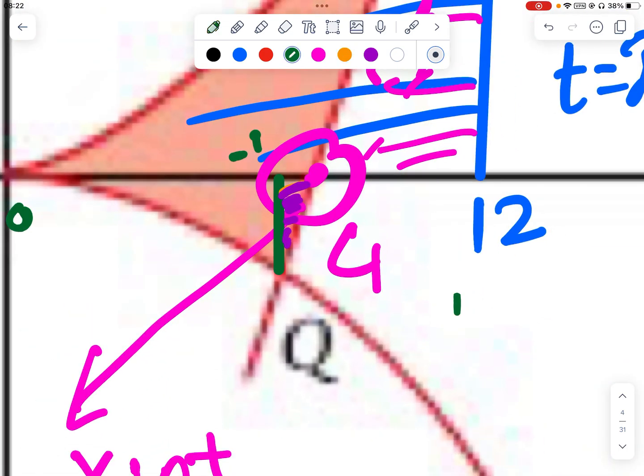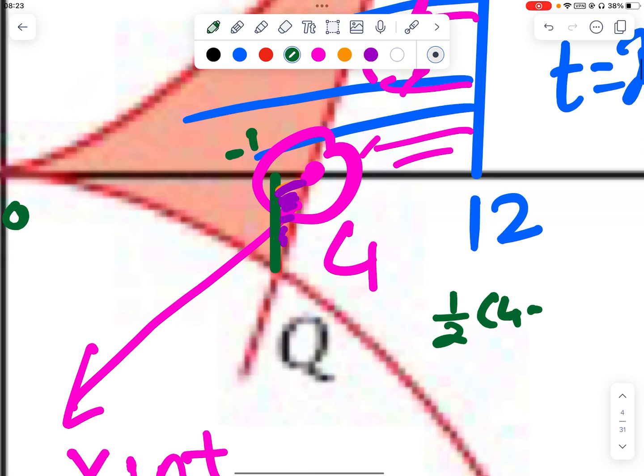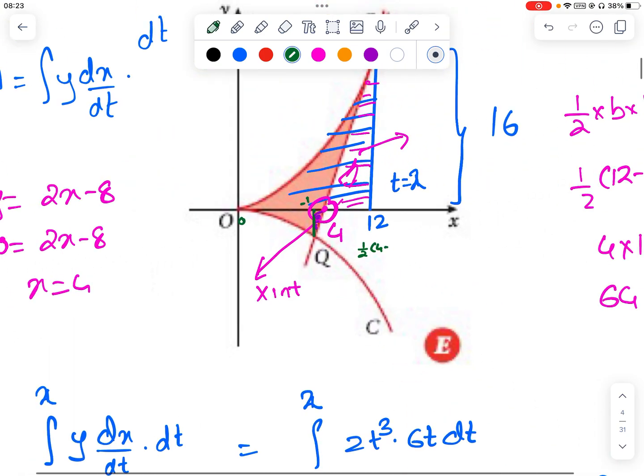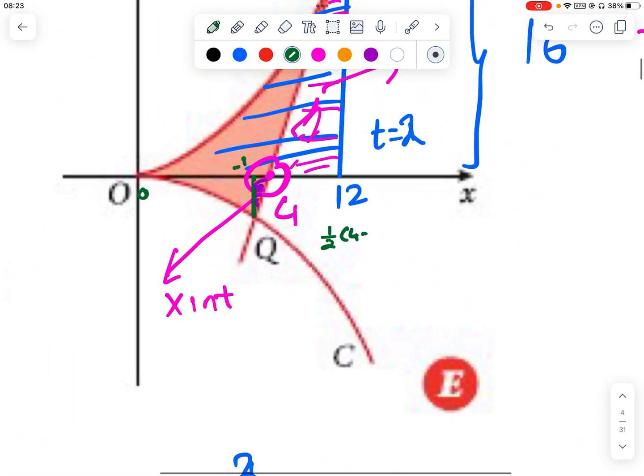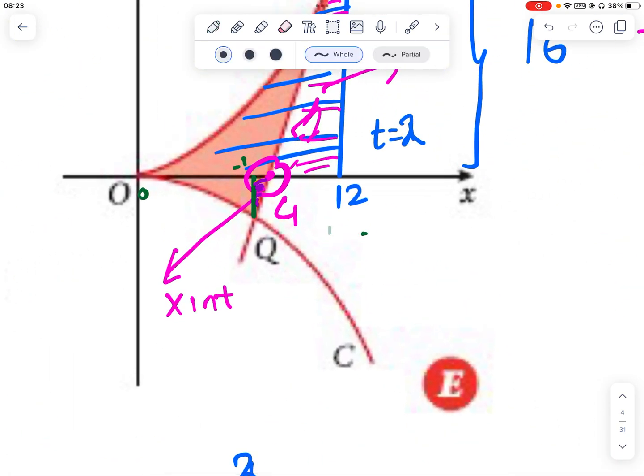Half base into height. What was the base? It was 4 minus the x value when t equals negative 1. Let me write it out over here. I have to find the area of the triangle.